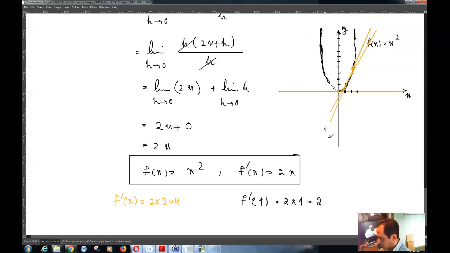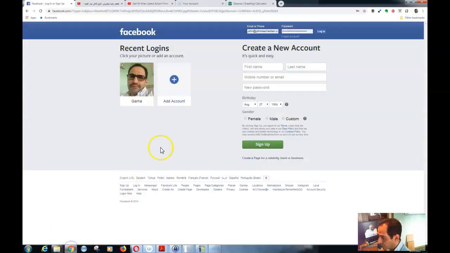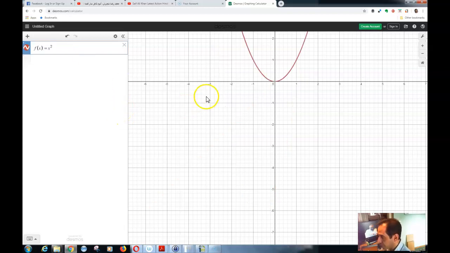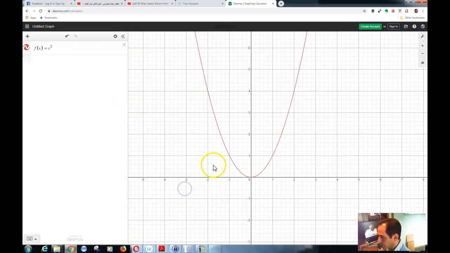Now we can actually see this on a graph much better. Suppose that f of x is equal to x squared.